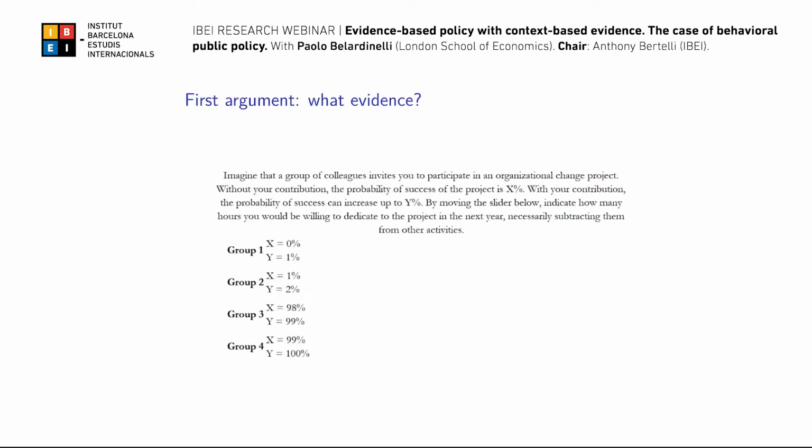So a few examples here from the experiment. This is the vignette that was shown to subjects, to healthcare workers in Italy. So imagine that a group of colleagues, maybe you cannot read, invites you to participate in an organizational change project. Without your contribution, the probability of success of the project is, and here we manipulated the probability of success, so you can imagine here 4 random groups, either 0%, or 1%, or 98%, or 99%.